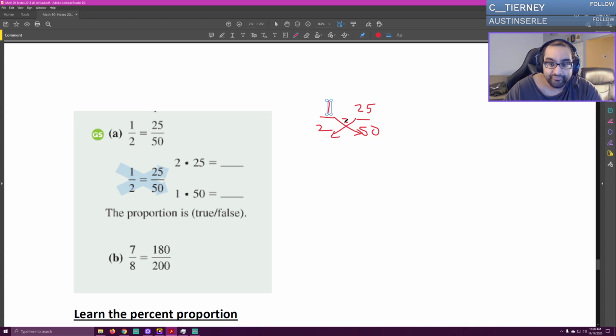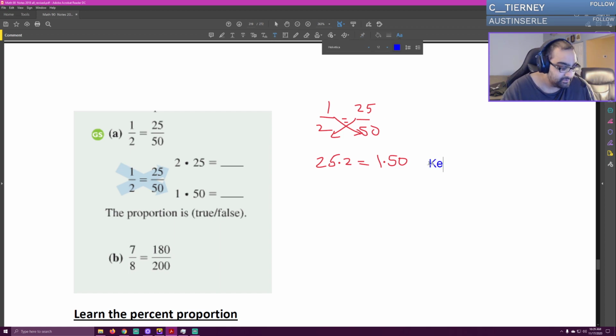So here I have 25 times 2 equals 1 times 50. And all I have to do is determine, the key here is to determine if the left-hand side equals the right-hand side. That's what we need to determine.